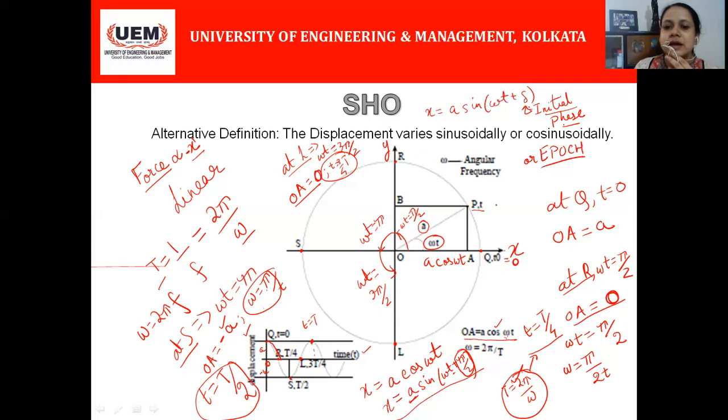Here, since the initial phase was pi by 2 in our consideration, the motion began from the extreme position or amplitude position. We can easily see that if the initial phase delta happens to be 0, then x is equal to 0 at t is equal to 0. So if the initial phase or epoch is 0, then the motion would begin from the equilibrium position, x equal to 0, where the displacement is 0.